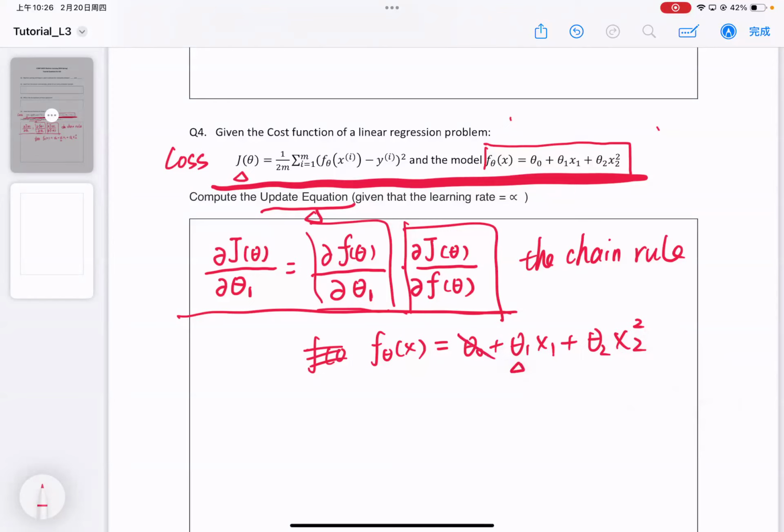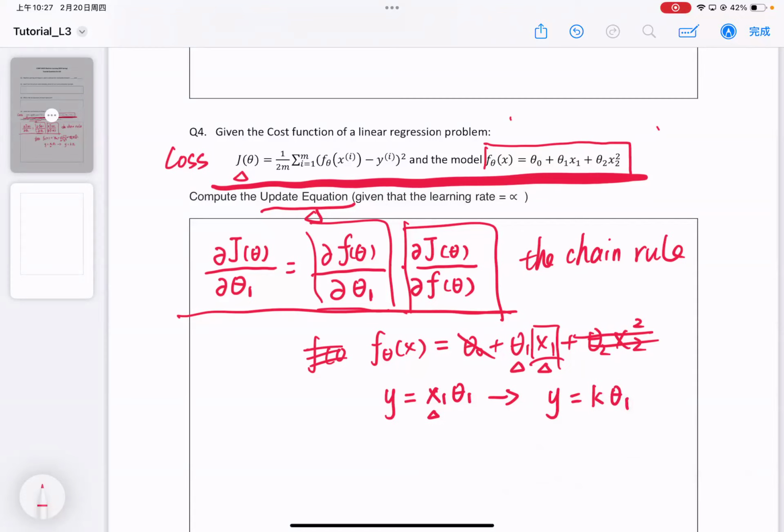So we are doing the partial derivative of theta 1. All these other terms we can just ignore, treating them as some constant. And x1 is also treated as constant. This is the data point that you put inside. So actually we are doing the partial derivative of y equal to x1 theta 1, and it's something like y equal to k theta 1.